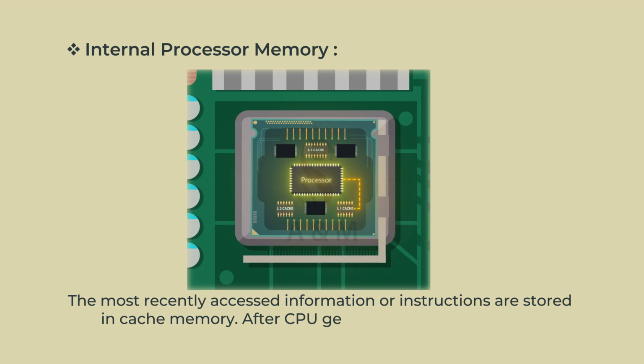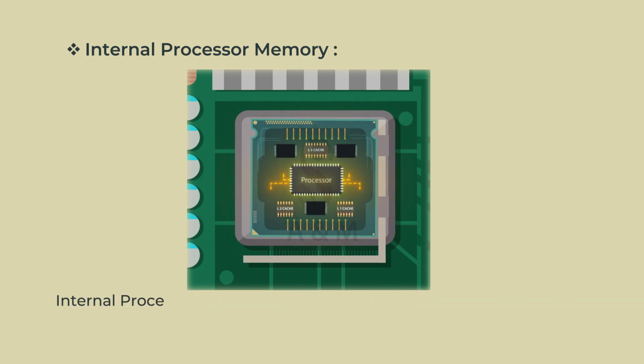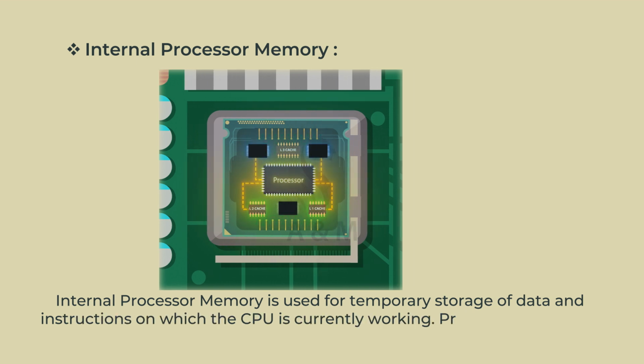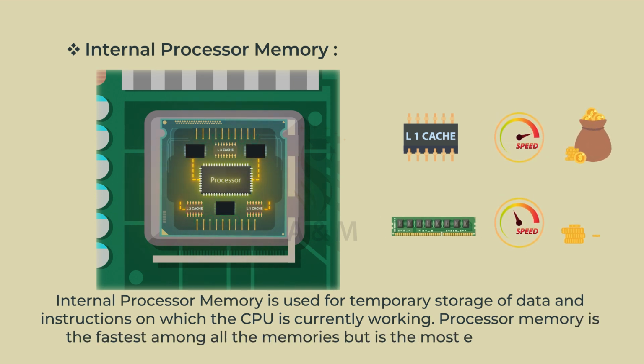After the CPU gets the data or instructions, they are moved from the cache to the registers for processing. Internal processor memory is used for temporary storage of data and instructions on which the CPU is currently working. Processor memory is the fastest among all the memories but is the most expensive also.